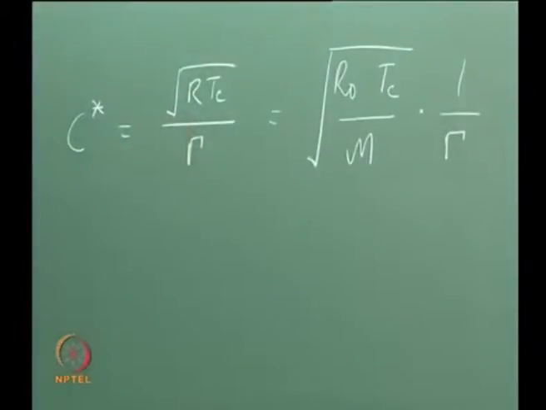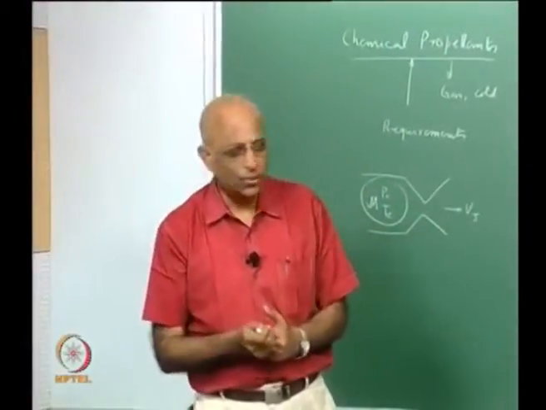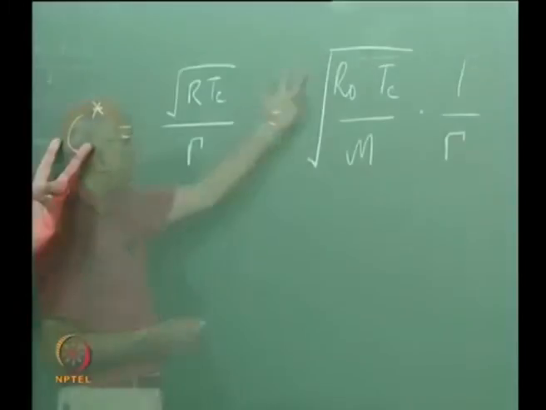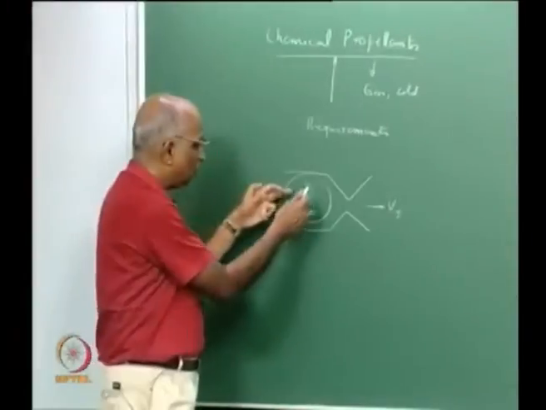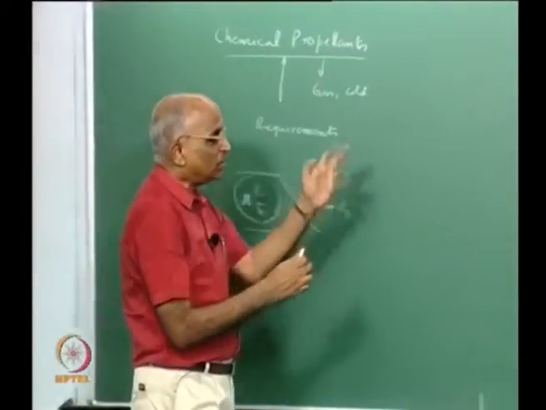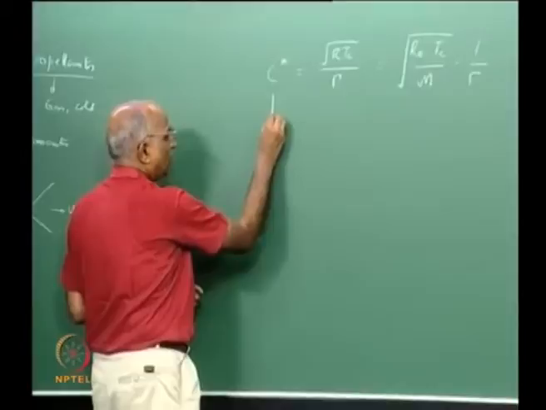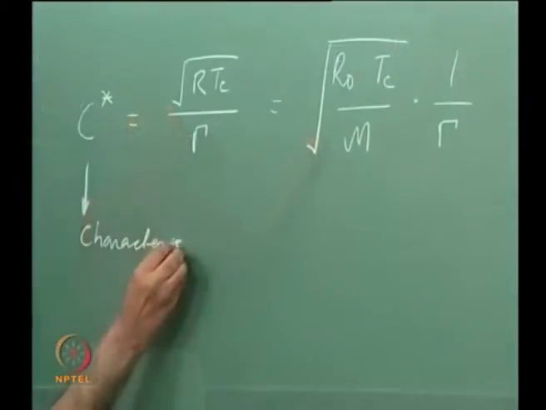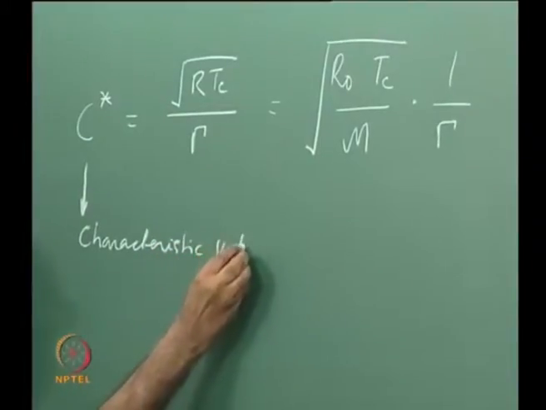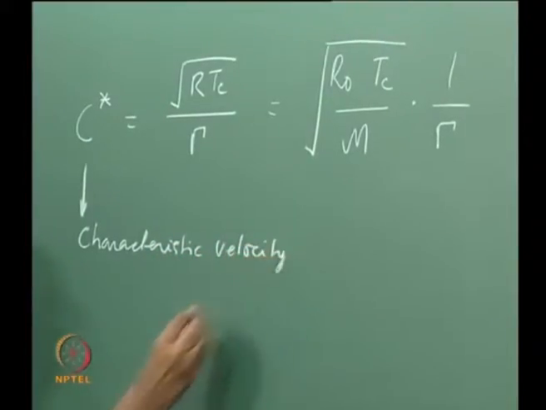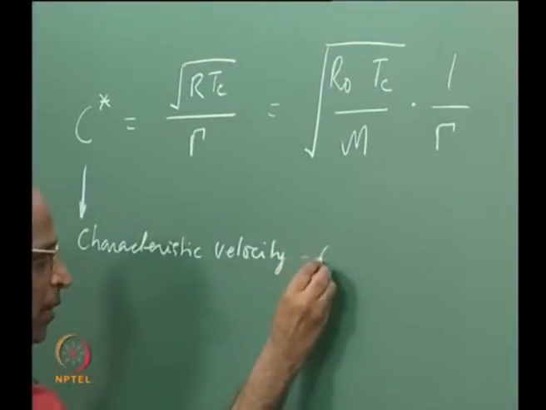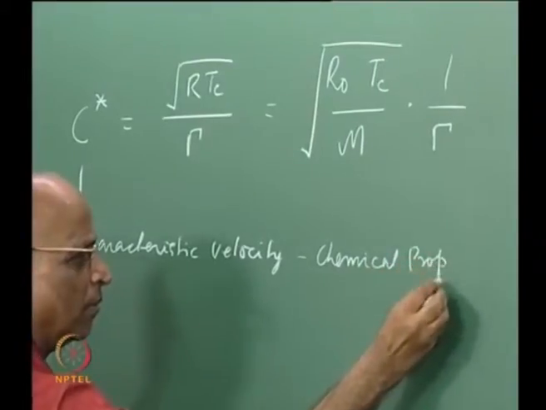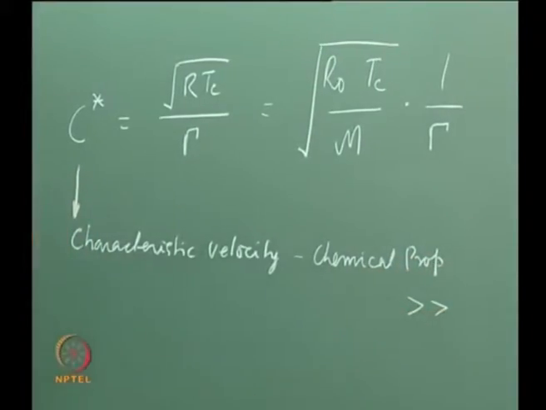Therefore, this should tell us what we really require in a propellant to do. What we require is this transfer function which tells the capacity of this particular chamber to generate high pressure gases must be high, or rather this characteristic velocity, which was a transfer function of the propellant, any propellant, say chemical propellant, must be large, right.